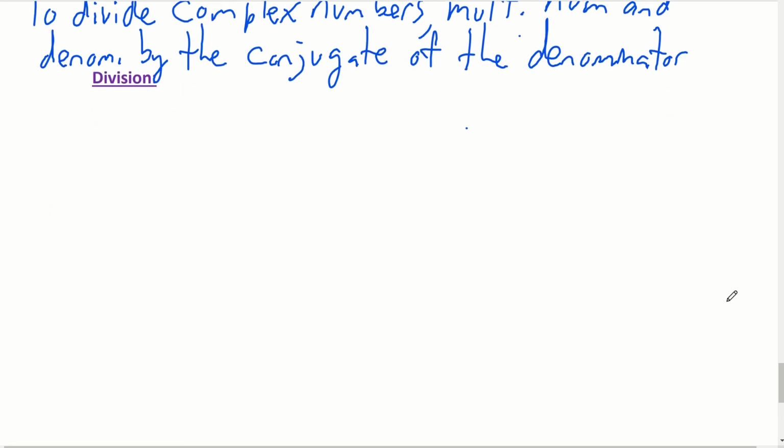So let's do one of these. Let's suppose that we have 2i divided by 3 minus 4i. So this is division of complex numbers. We're trying to divide the complex number 2i by the complex number 3 minus 4i.